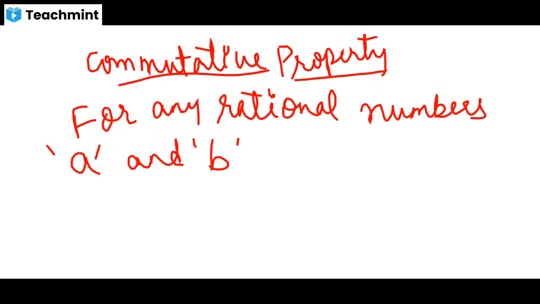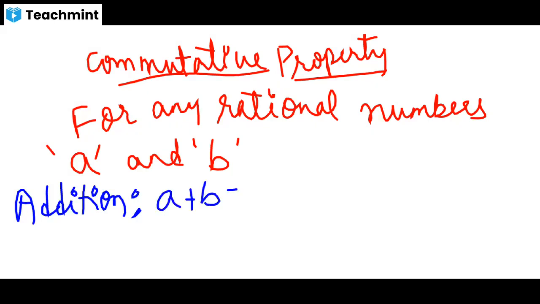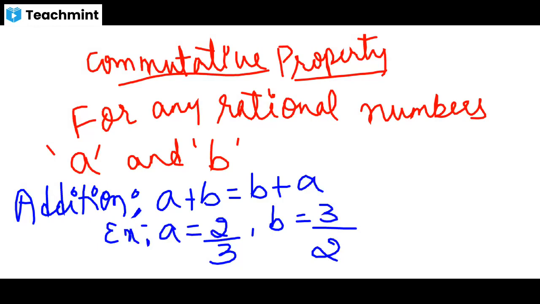In that, the first property under addition we'll write. So under addition, if you add a plus b, it should be equal to b plus a. Now for example, you try with a as 2 by 3 and b as 3 by 2 and check what you get. a plus b is 2 by 3 plus 3 by 2.